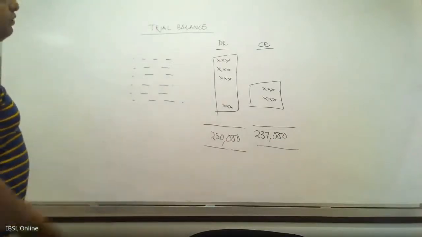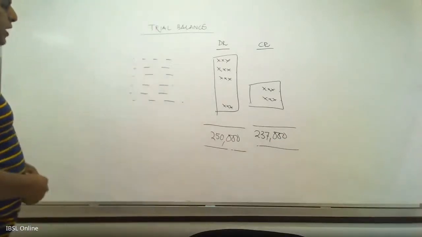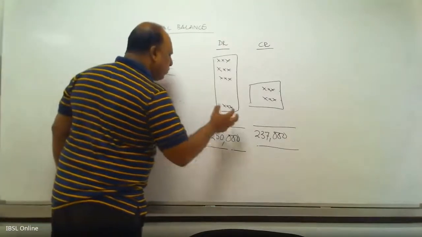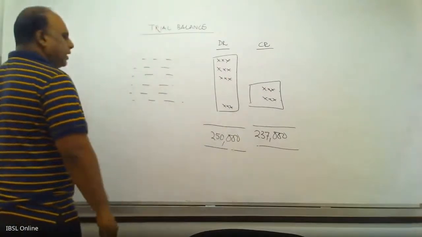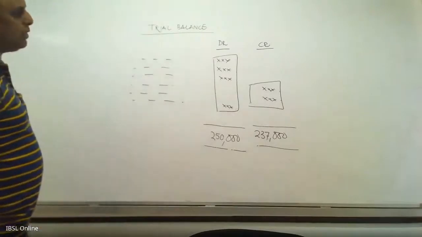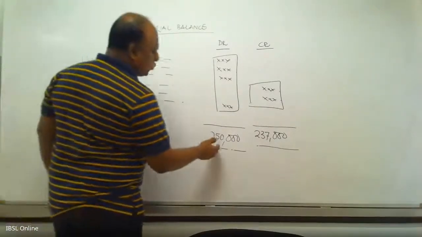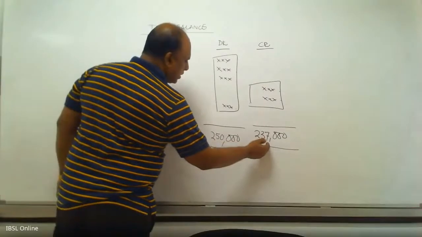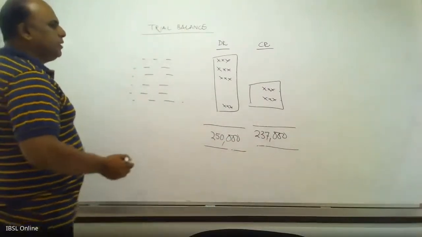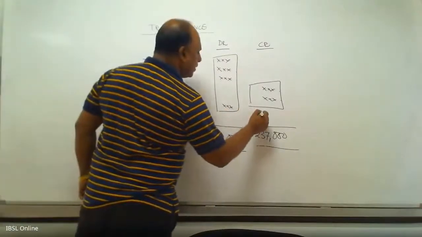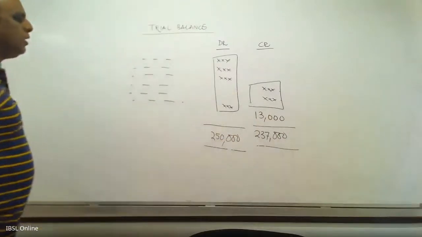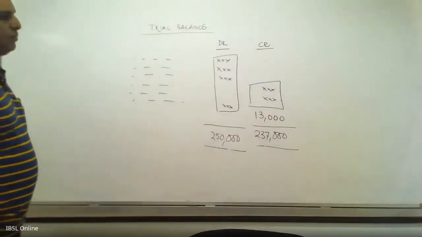Now, how do I proceed further? Because I need to prepare the financial statement. So what do I do? I try and forcefully balance this. How do I balance it? This side is 250, this side is 237. So I bring in a 13,000 onto this side.